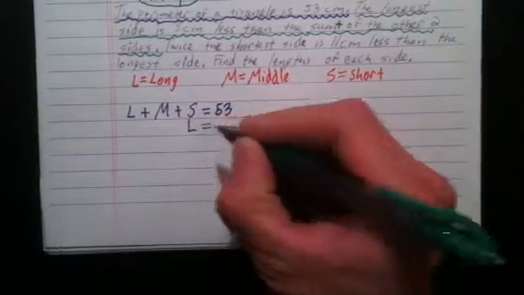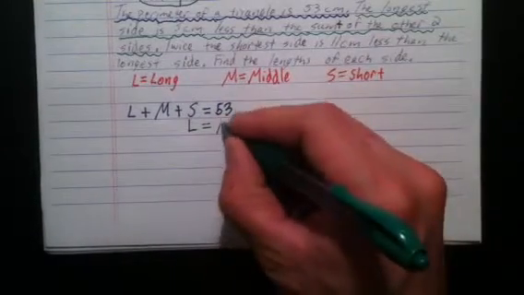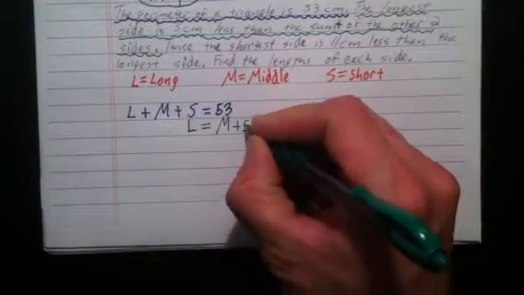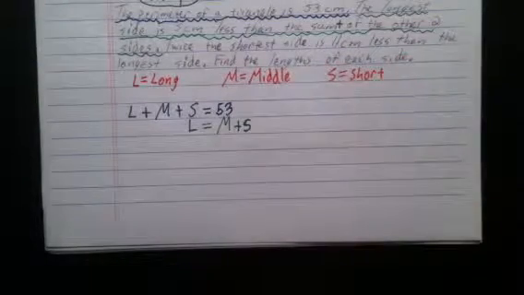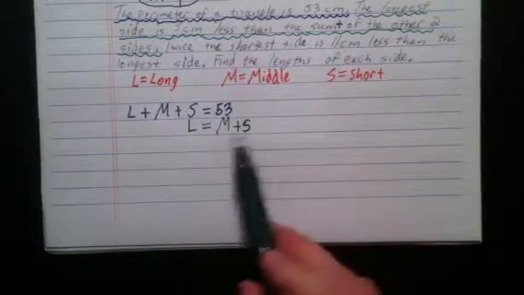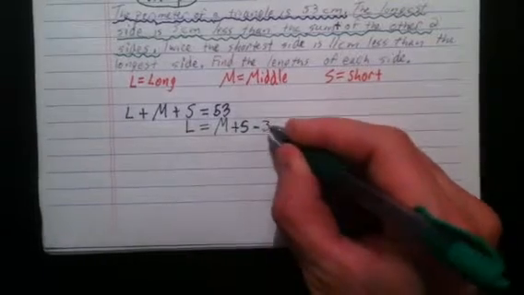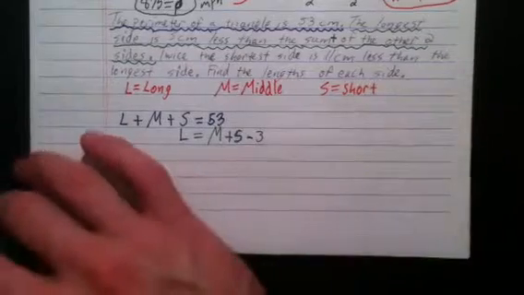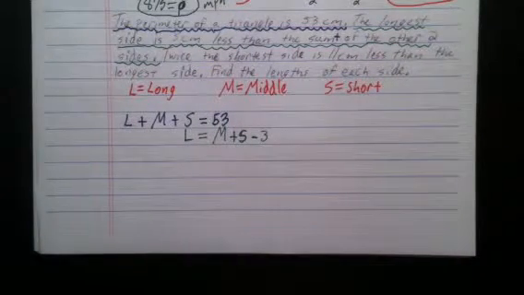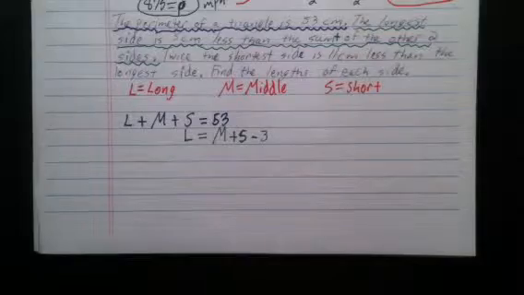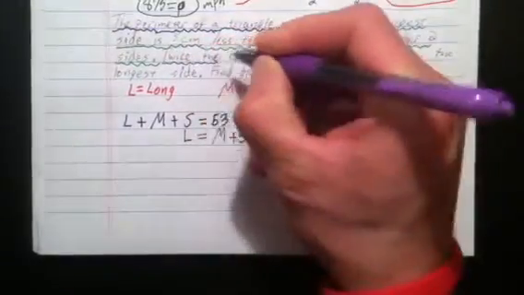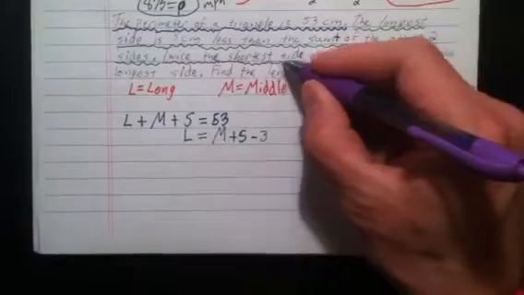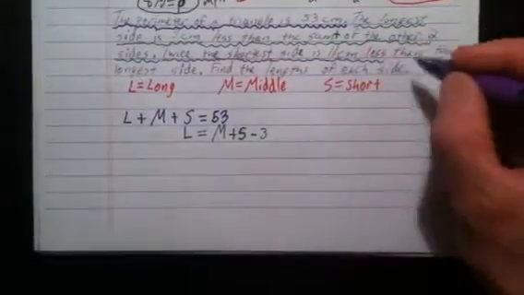The long side is going to equal the sum of the other 2 sides. That would be the medium plus the small. That gives us the sum of those 2 sides, but the long side is 3 centimeters less than that. So it equals their sum minus 3 centimeters. So there's equation 2 we can use. Now looking at equation 3, or setting up equation 3, twice the shortest side is 11 centimeters less than the longest side.